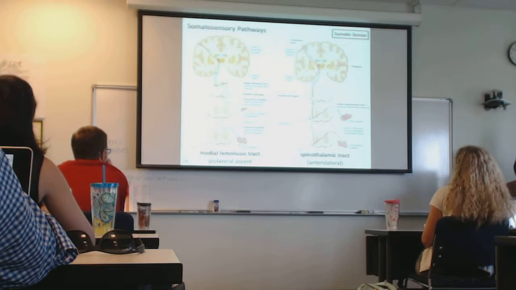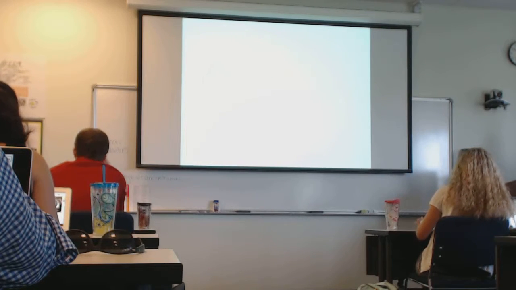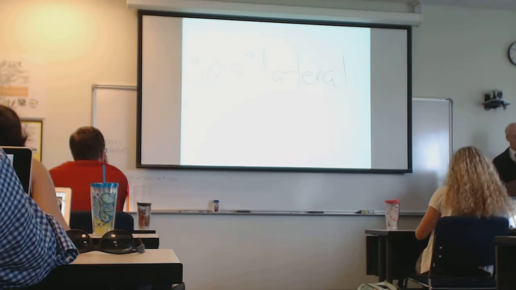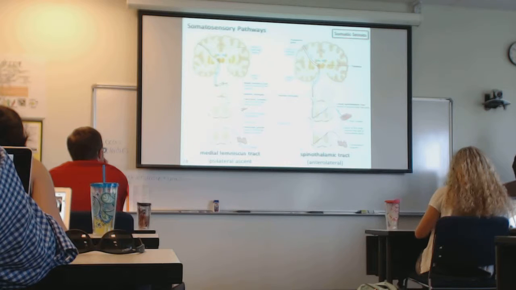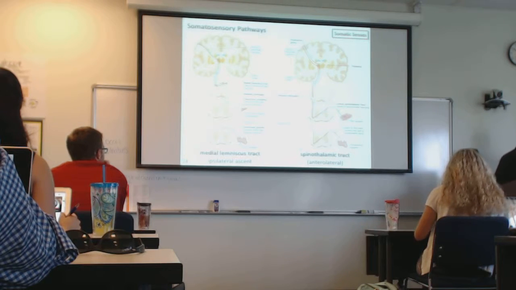The action potential ascends ipsilaterally. We used that word before. Do you remember what that means? Same side. Yeah, on the same side. Ipsilateral. So we say the DCML ascends ipsilaterally to the medulla.